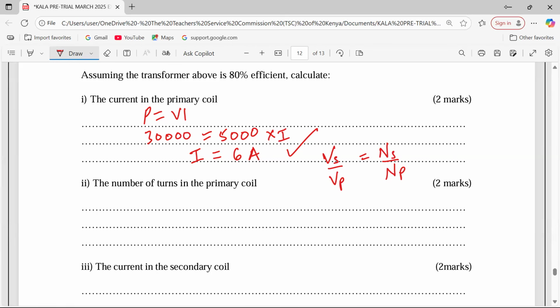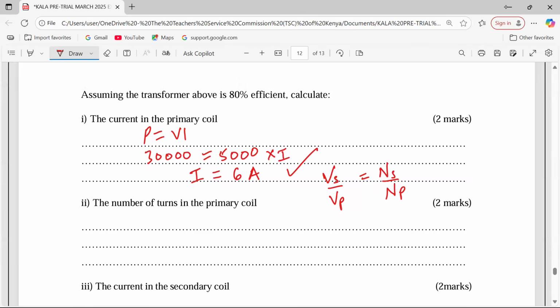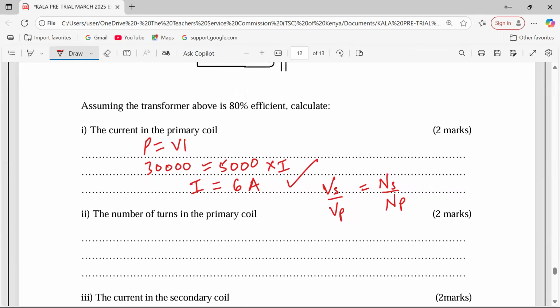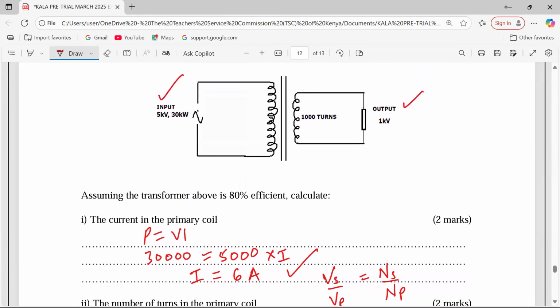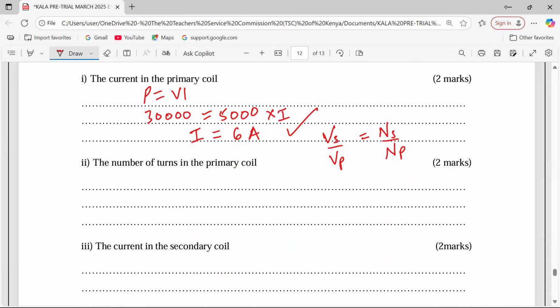Now, for this particular case, do we have a voltage in secondary? Yes, it's 1 kilovolt, which is 1,000. Then in the primary, we have 5,000. This should be equal to turns in the secondary over turns in the primary.